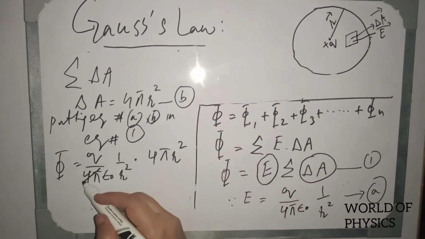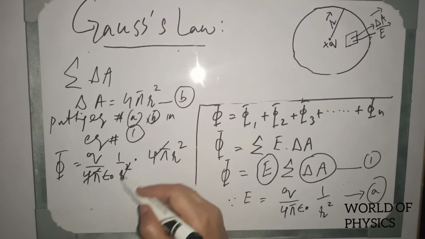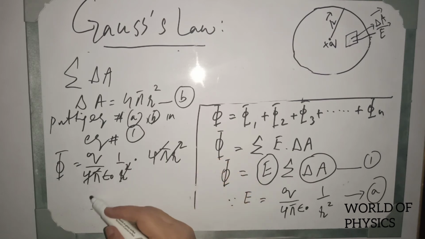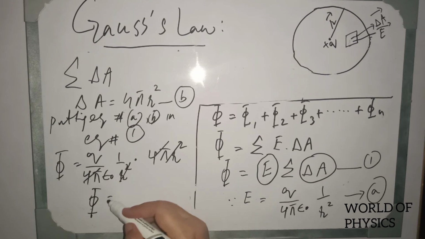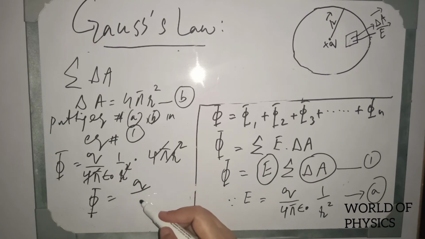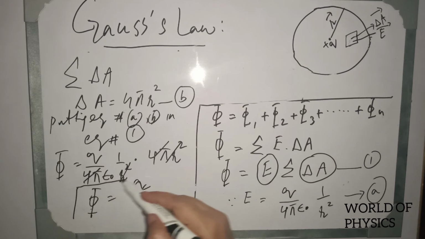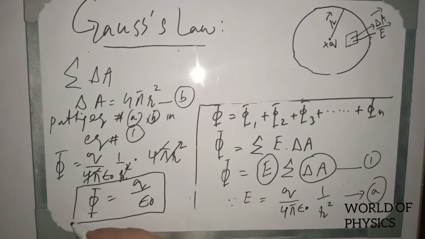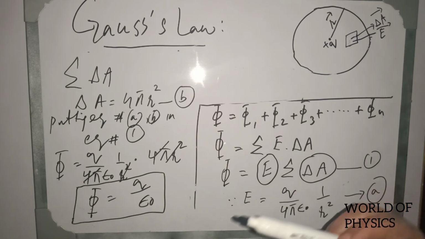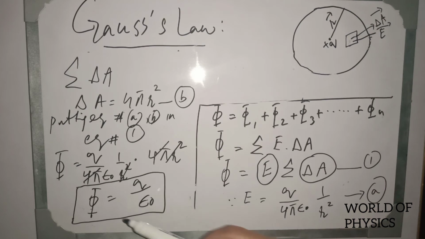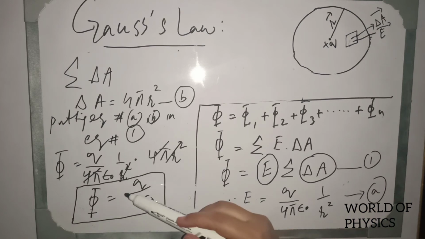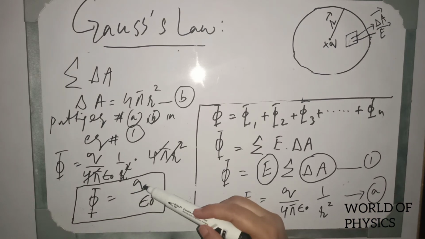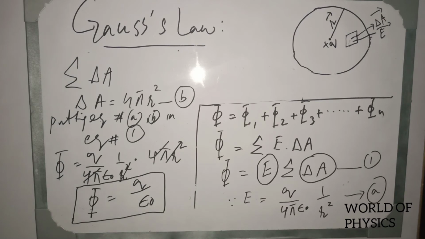Now 4 pi is cancelled by 4 pi, r square is cancelled by r square, and we get only phi is equal to Q divided by epsilon naught. So we can define this equation like that: the electric flux through any closed surface is equal to 1 over epsilon naught times the total charge enclosed by that surface.